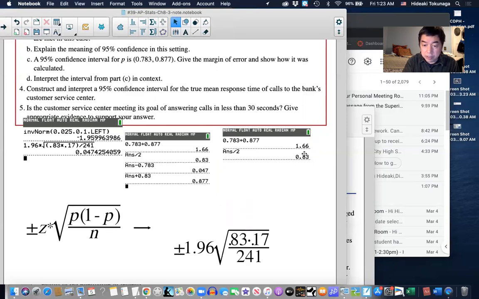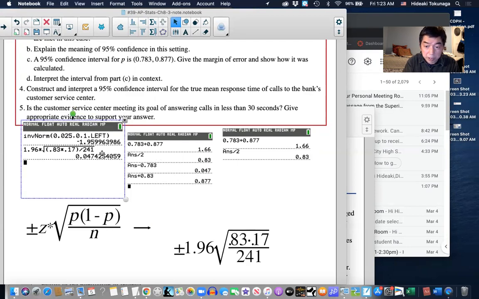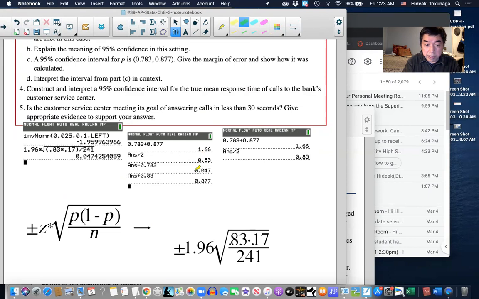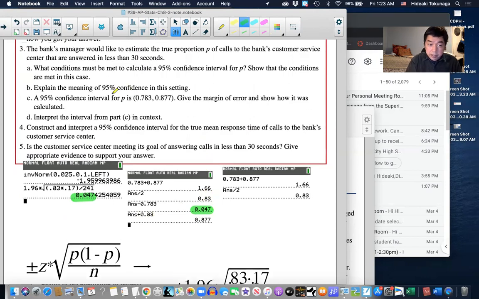Let me highlight those: the margin of error here and the margin of error right here. I made sure that 0.83 is in between.